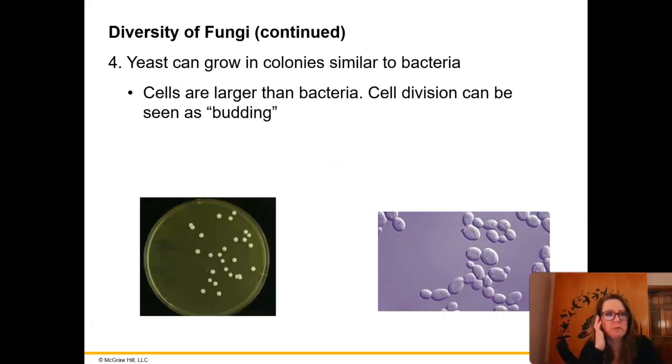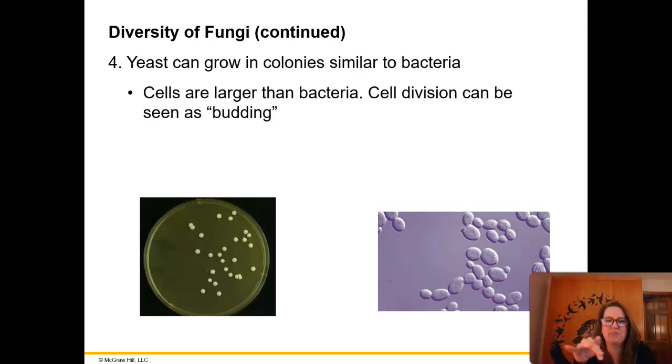A fourth group of fungi that we need to distinguish and concentrate on a little bit are the yeast. So yeast typically grow as single cells. Budding is what we call their type of cell division or reproduction. And these things are microscopic.